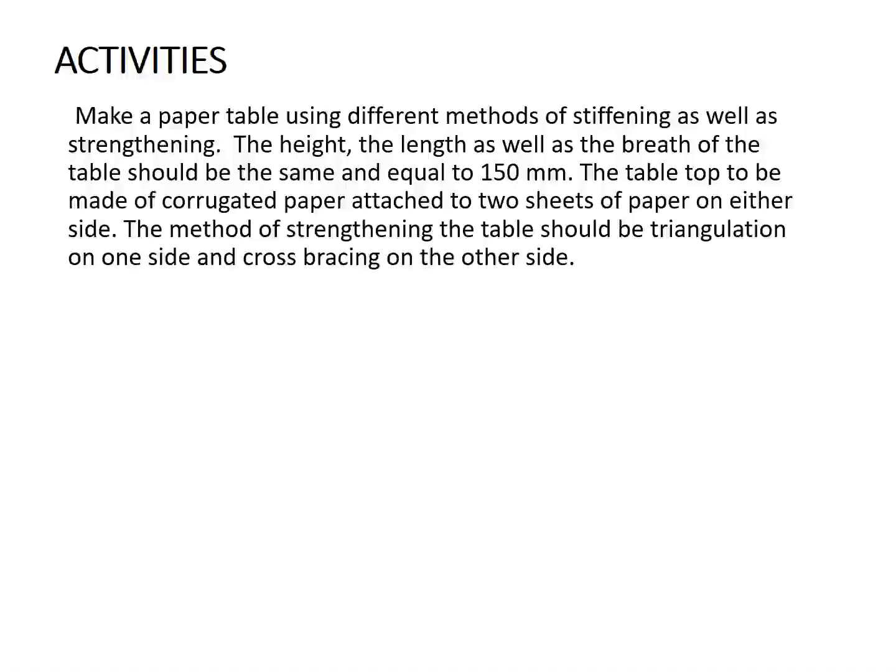The tabletop is to be made of corrugated paper attached to 2 sheets of paper on either side. The method of strengthening the table should be triangulation on one side and cross bracing on the other side. Now, the last thing is you need to make the legs of that particular table.